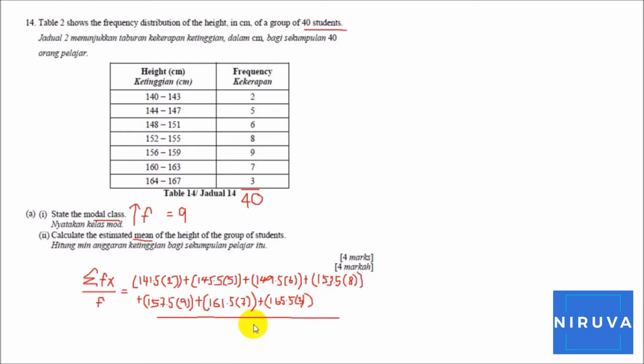So divide by the total number of students, 40, equal to mean equal to 154.5.